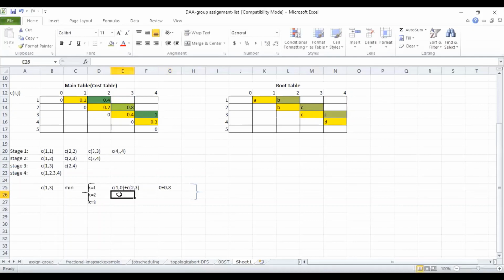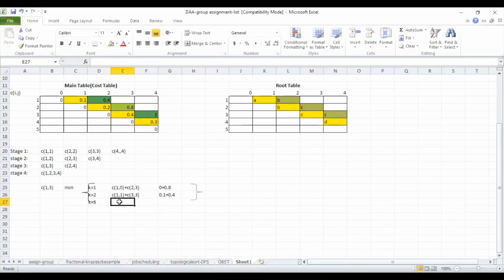Right? So for the second possibility, k is 2, i remains as 1, k minus 1 is 1, plus C of k plus 1, which will be 3, j is 3. Okay, so C11 is 0.1 plus C33 is 0.4.